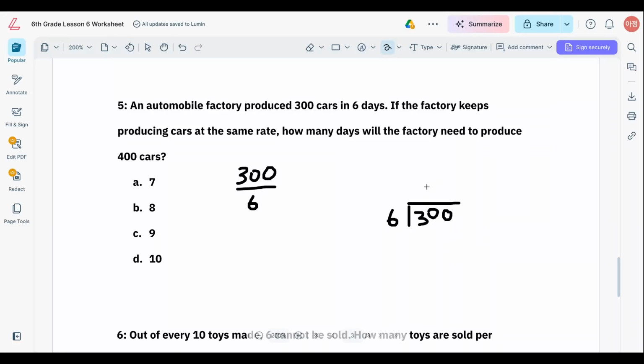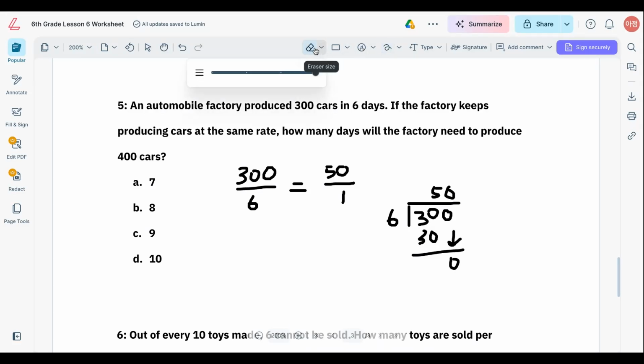It's 50, but just to show work, 6 goes into 30 five times, and then it's 30. And then you bring down the 0. And then it's just 0, so it's 50. So it's 50 cars being produced in 1 day, right? So 50 cars in 1 day.